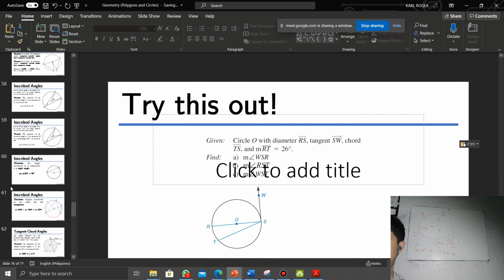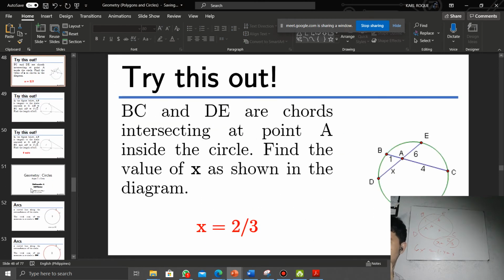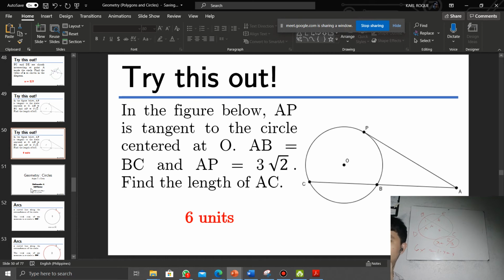Sige, wait lang, ha? Check again. Eighteen equals x squared. Check ulit guys, check ulit. Yun.